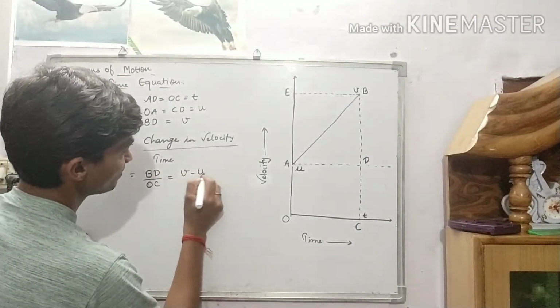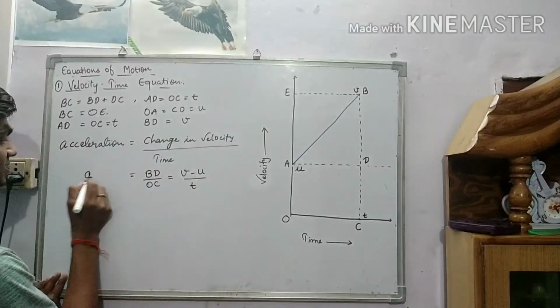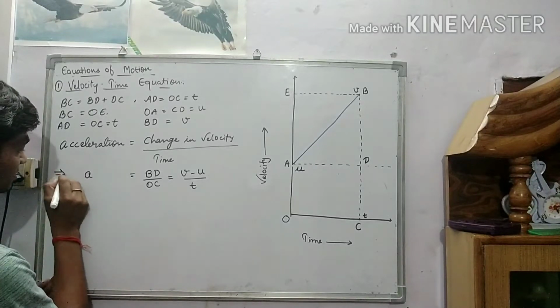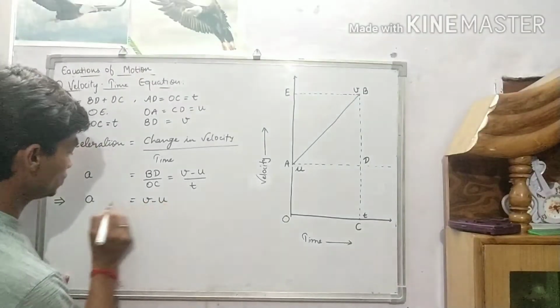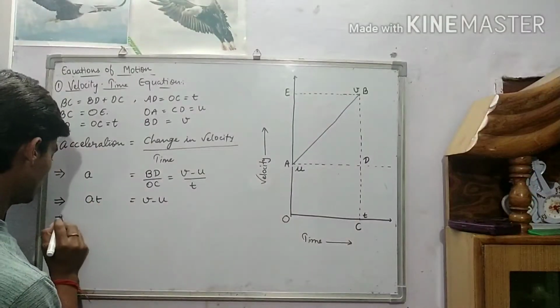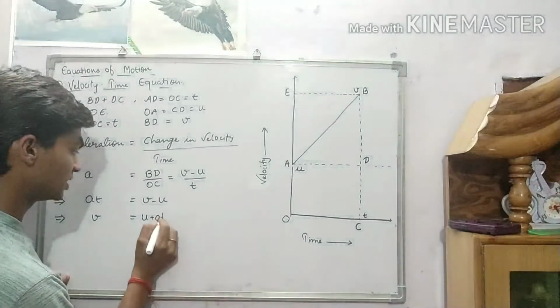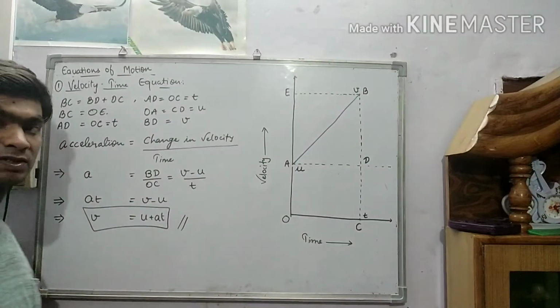BD will be V minus U, upon OC, which means T, and this is the acceleration. So this implies A will be equal to V minus U upon T. From here, V equals U plus AT. This is the first relation.